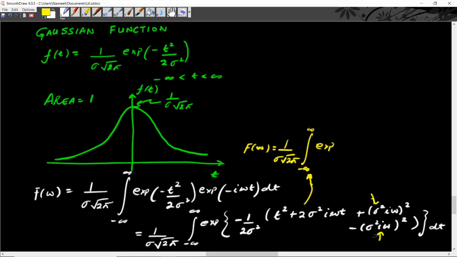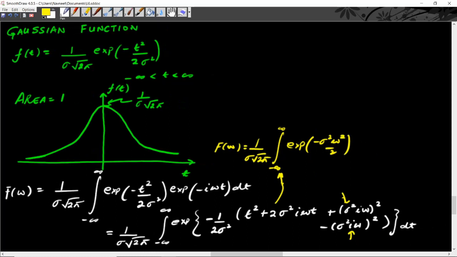so we'll take this particular term as a separate term, which is given by exponential of minus sigma squared omega squared over 2, and we have another exponential term as this.